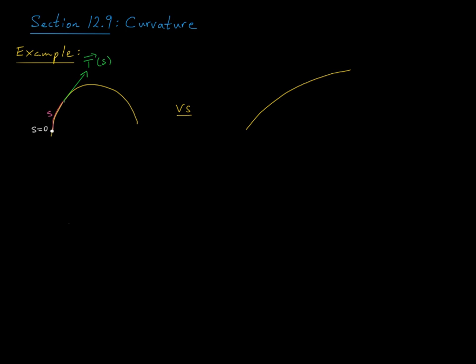All right, now I want to know the rate at which our unit tangent vector changes with respect to arc length. To measure that, I'm going to walk a little bit further along our path, and I'll call that incremental change in arc length delta s.